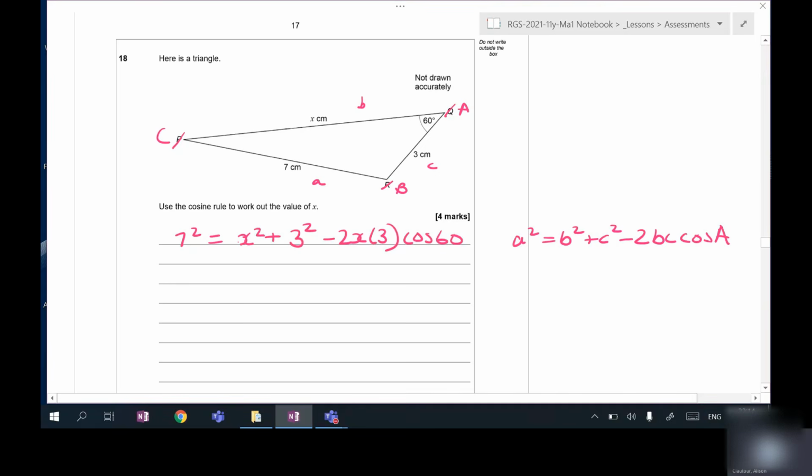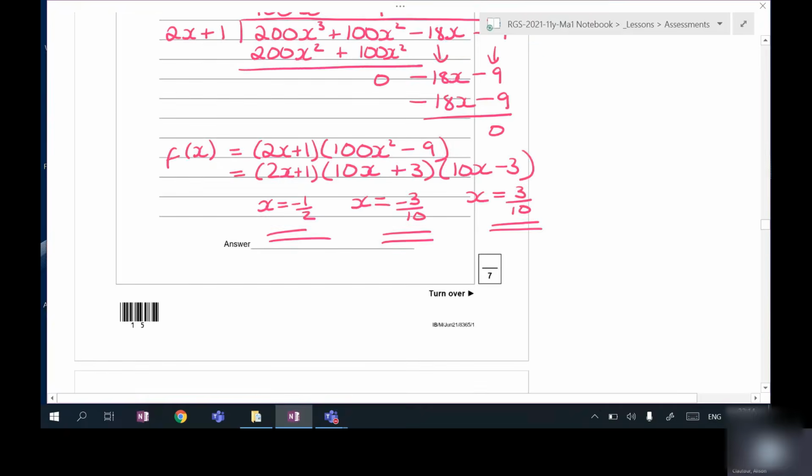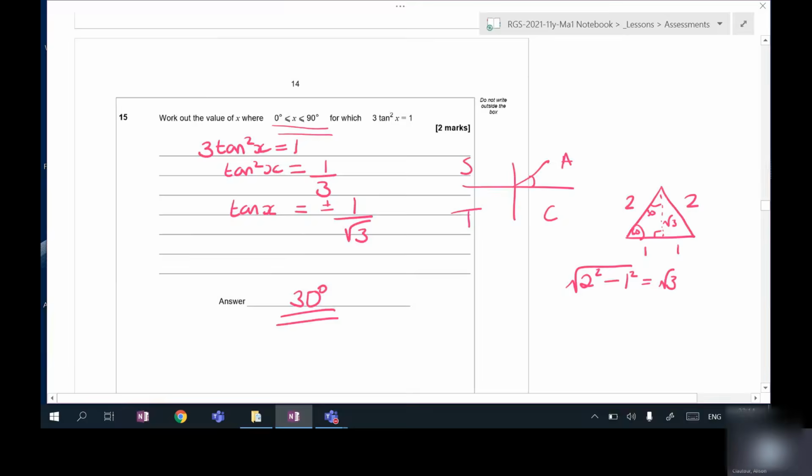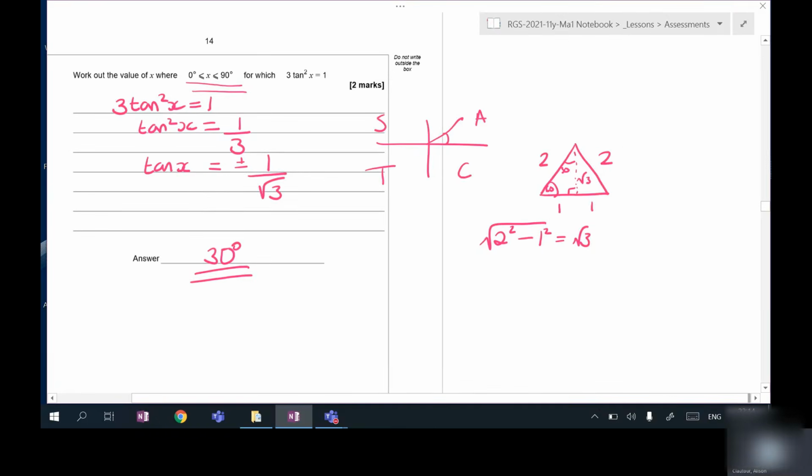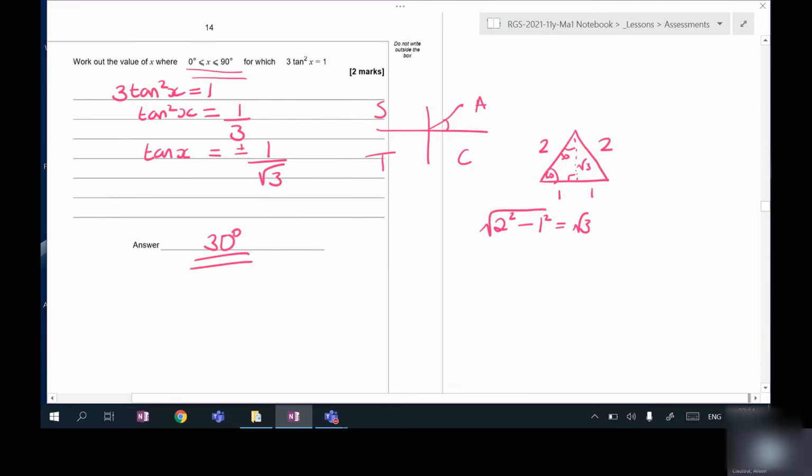So another situation where you need to know that triangle. Go back up to here. So cos 60. So 60 is here. Cos is the adjacent, so 1 over the hypotenuse 2. So it's a half.